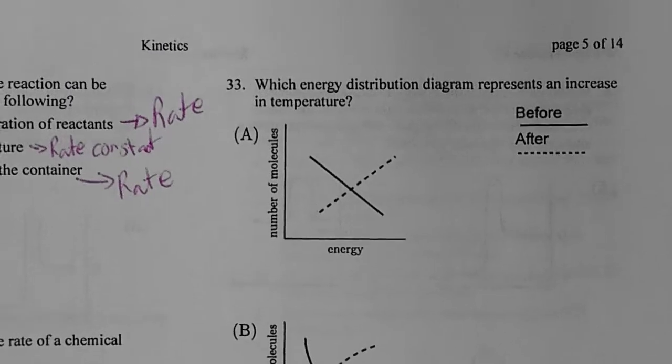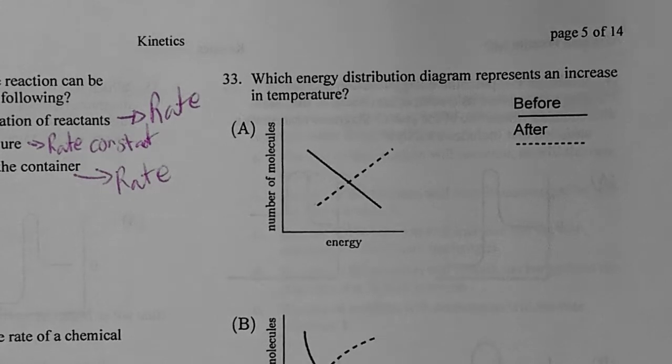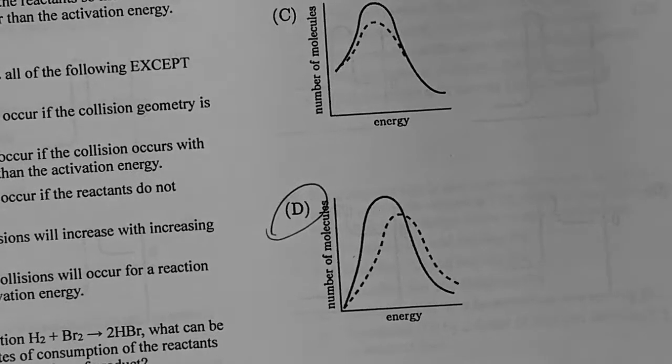Alright, 33. Ooh, that should be good. What do we get? Actually, I showed you this graph before. This is the Maxwell-Boltzmann graph that you're looking at. You guys remember the Maxwell-Boltzmann graph? The bell-shaped curve? D. Yeah, the bell-shaped curve.